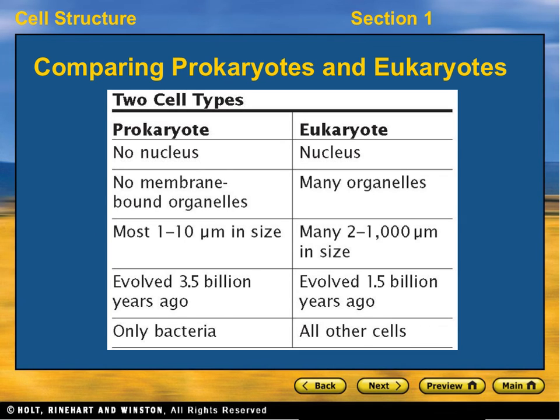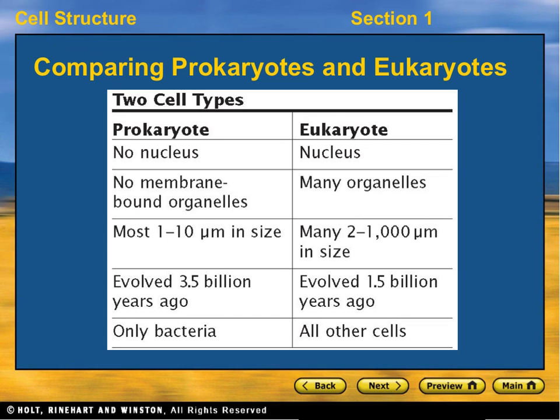So just to do a side-by-side comparison, when we look at the prokaryotic and the eukaryotic cells, a prokaryote does not have a nucleus, whereas a eukaryote does. A prokaryote has no organelles in it, whereas a eukaryote is going to have many organelles. The size of a prokaryote is 1 to 10 micrometers, which is pretty tiny, and for eukaryotic cells, we have 2 to 1,000 micrometers in size.